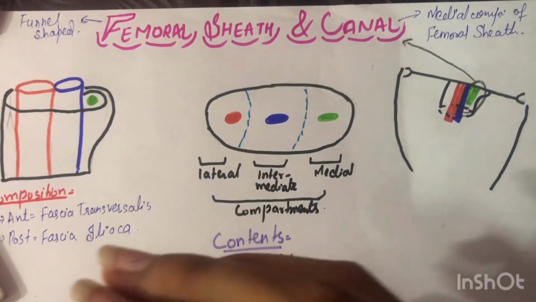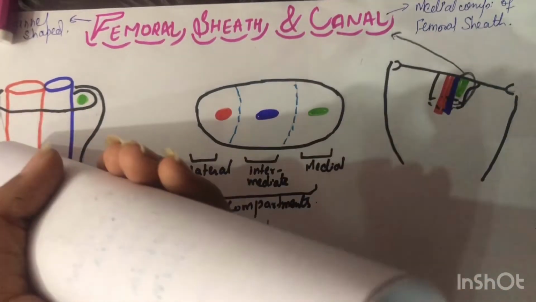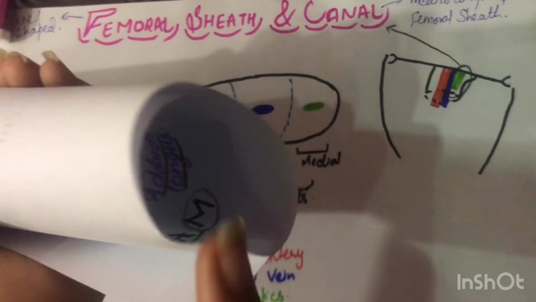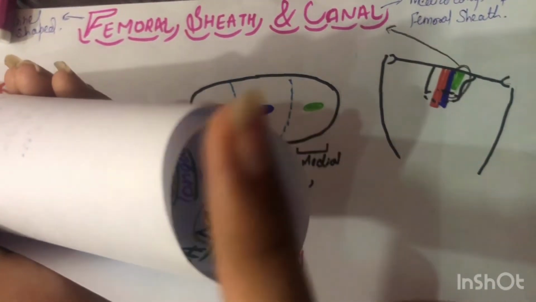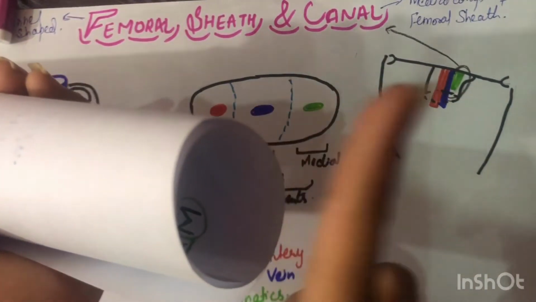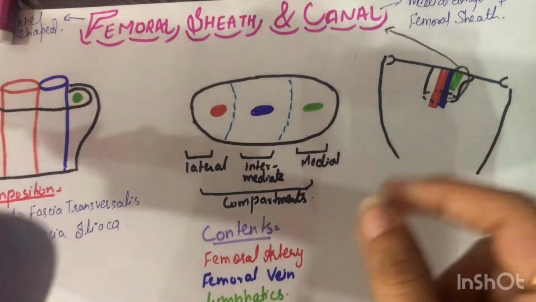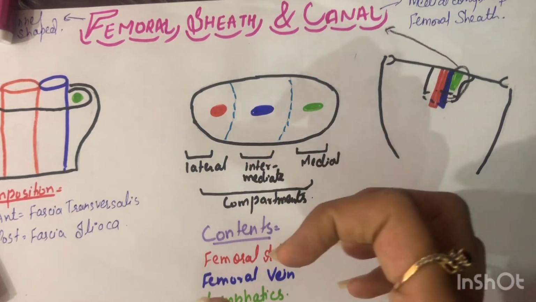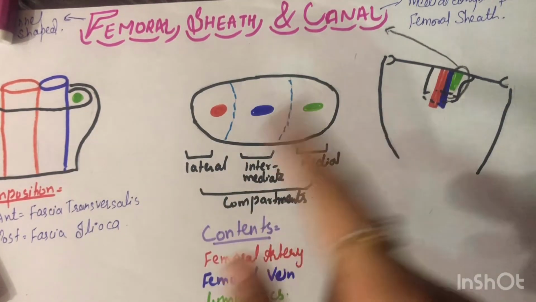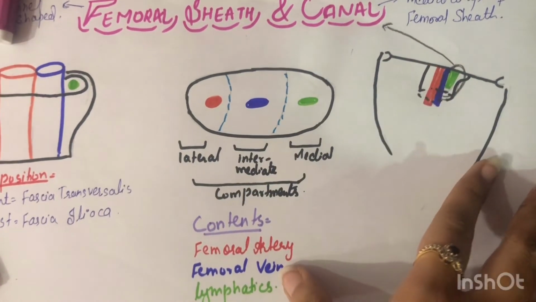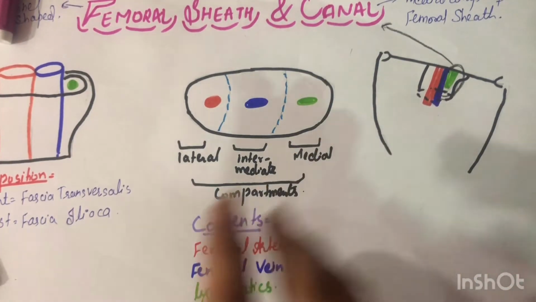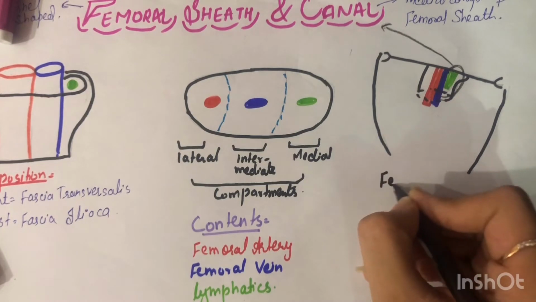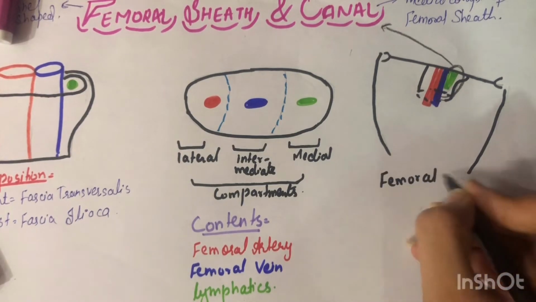Inside here, all of these are lying inside. Now you can see this upper boundary, this one. This opening of the femoral canal is called the femoral ring. Easy. So the upper boundary or the entrance point of the femoral canal is called the femoral ring. So here let's write about the femoral ring.